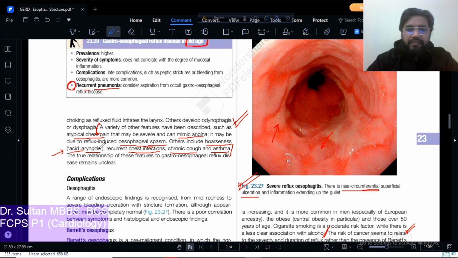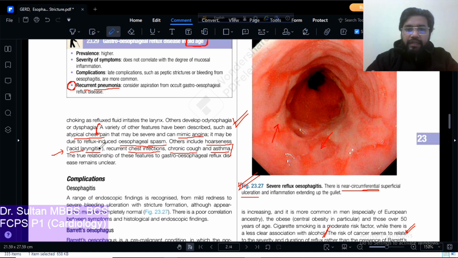Okay, so these are the important conditions that are associated with reflux disease. It can mimic angina or even heart attack. It is associated with acid laryngitis, that is hoarseness of voice. It can cause recurrent chest infection from aspiration of gastric content. It is associated with chronic cough.